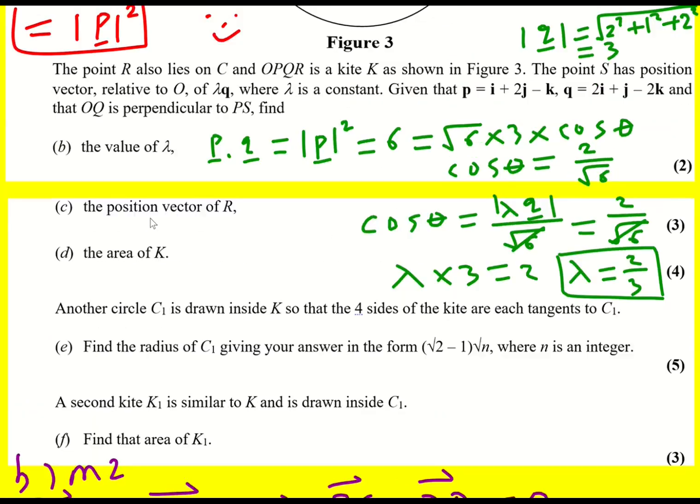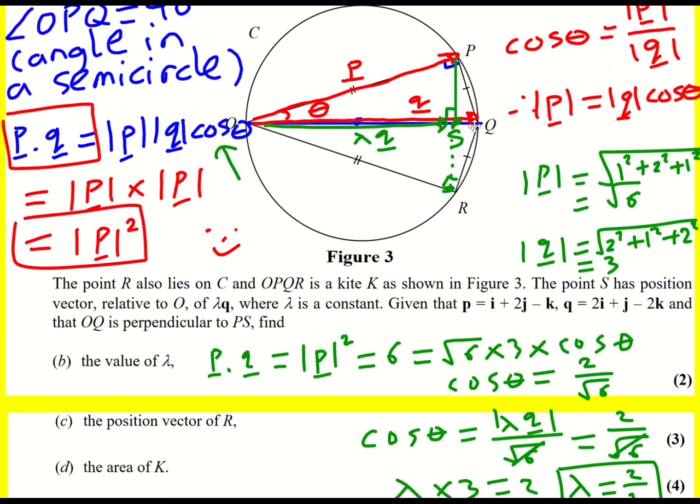There's a lot of parts to this question. Find the position vector of R. And on here, I've drawn a line going down. And so we're trying to find OR.